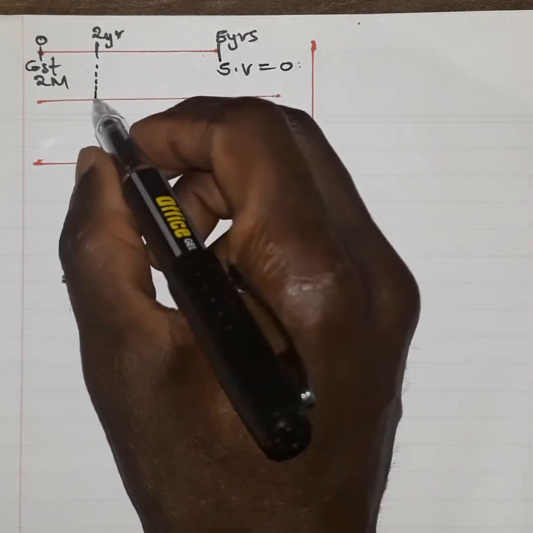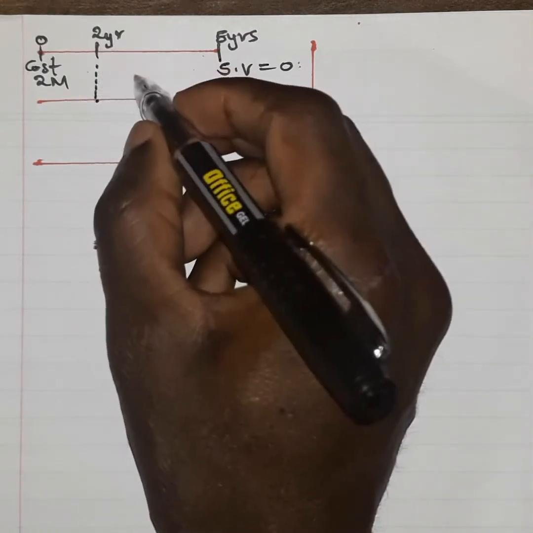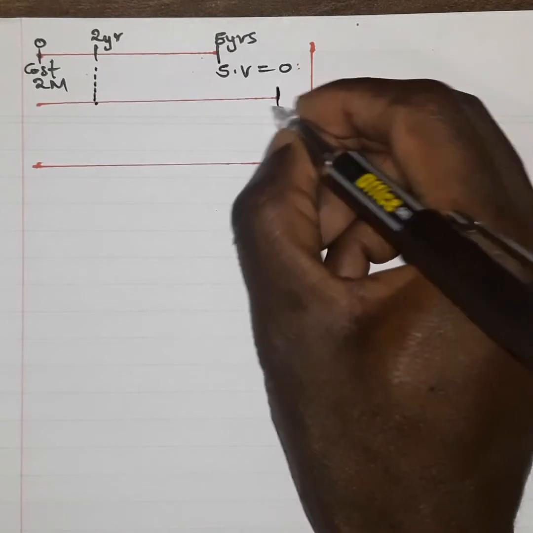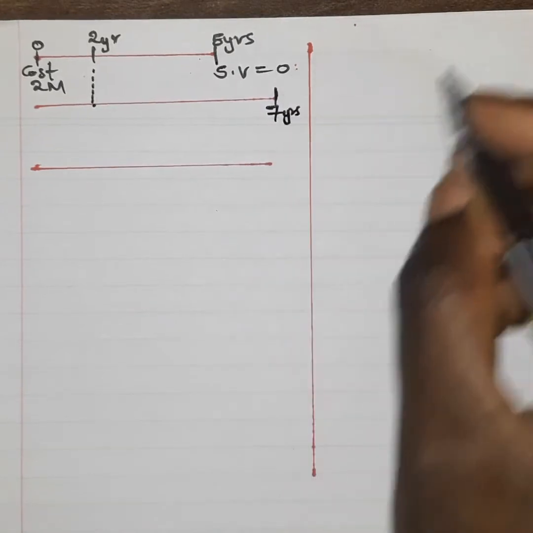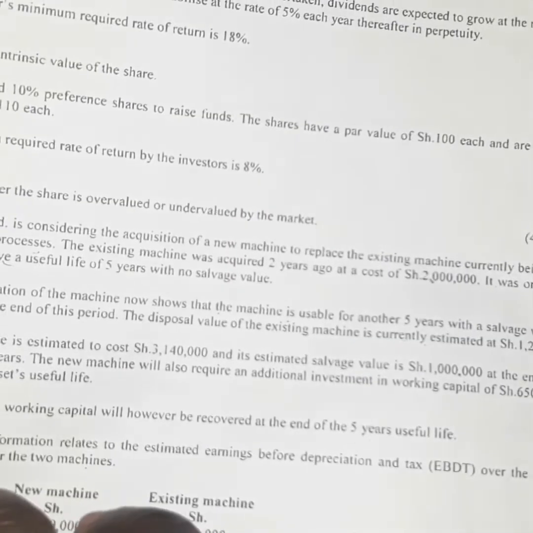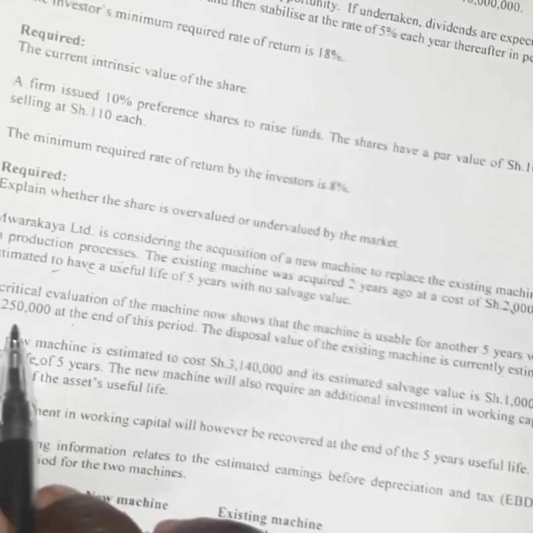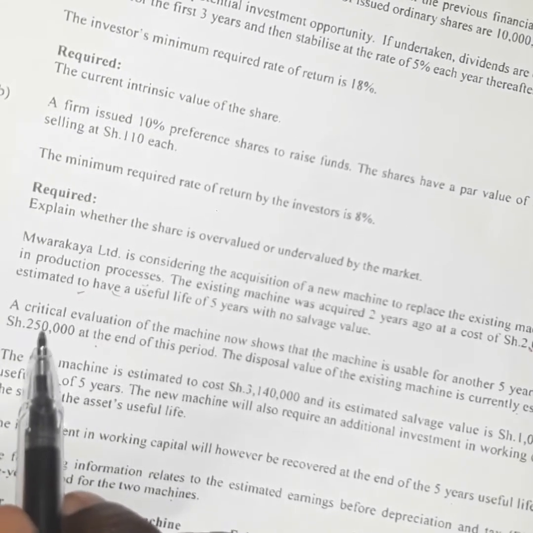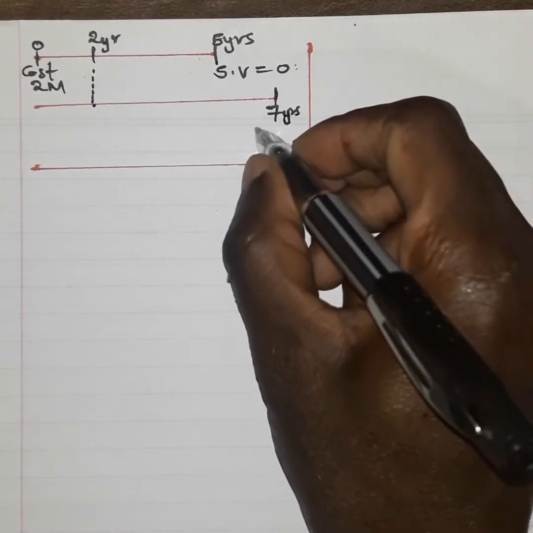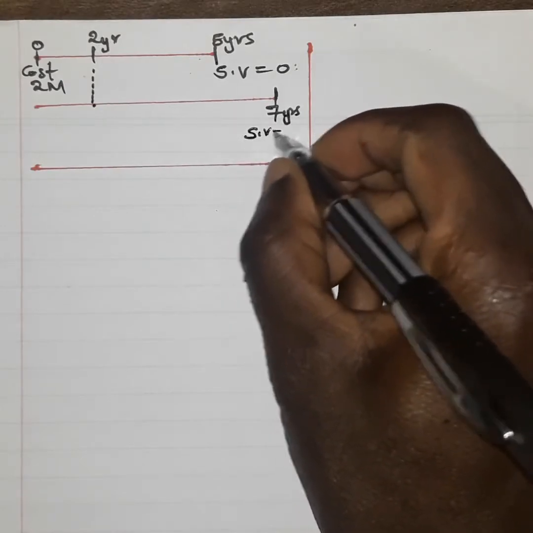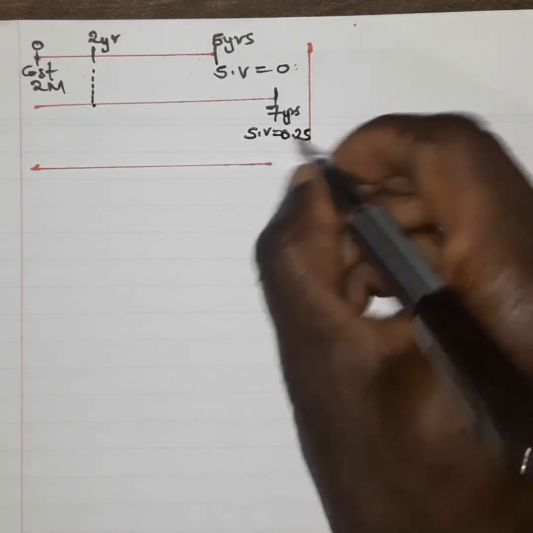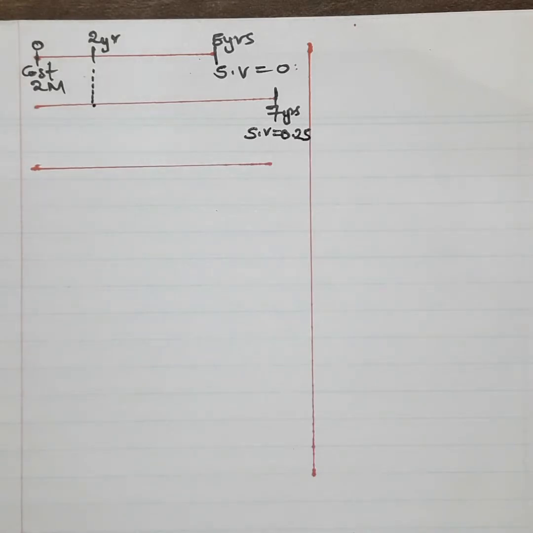It means it will be used up to 2 plus 5 years, which is year 7. And at year 7 it will have a salvage value of 250,000, equivalent to 0.25 million.